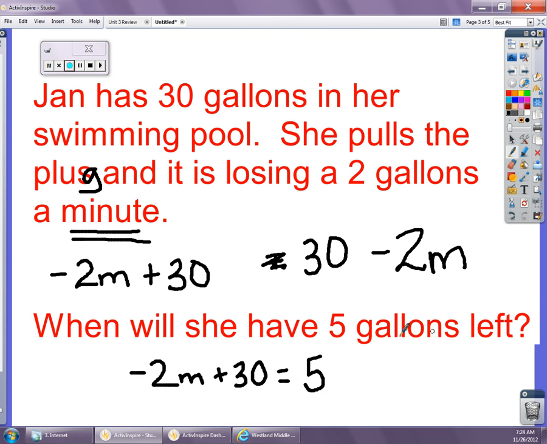Again, we have the 30 because she started at 30, but we're losing 2 gallons times the number of minutes. And then this would be the equation you wrote.